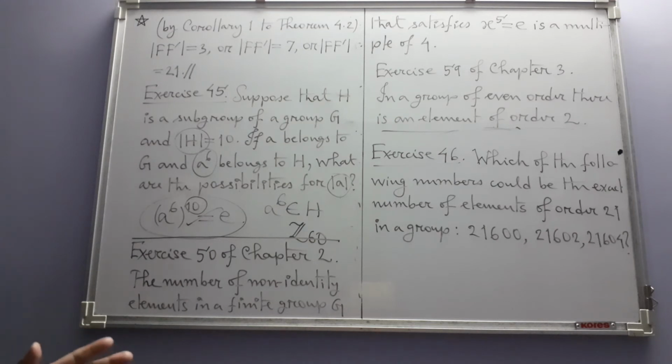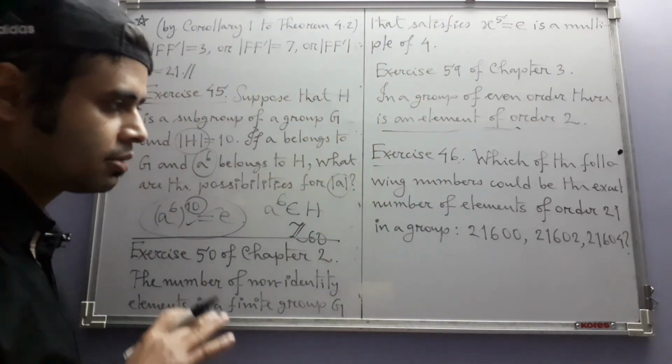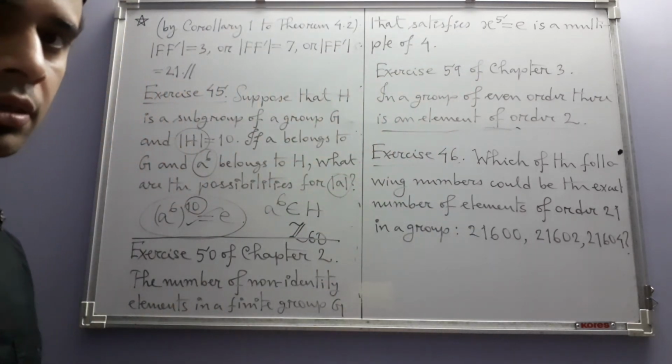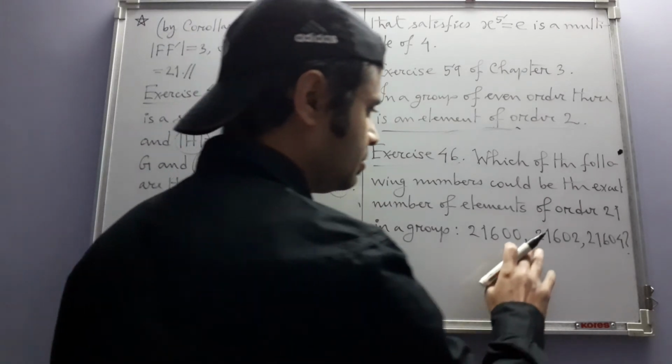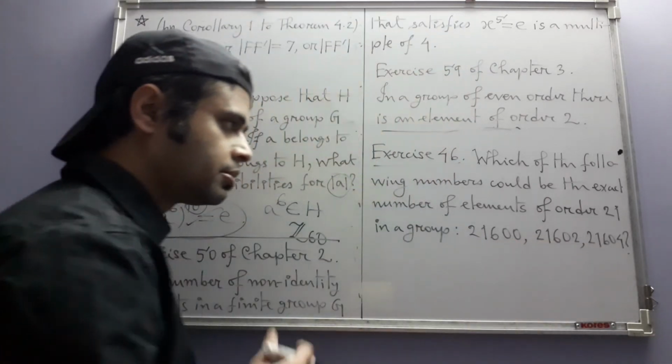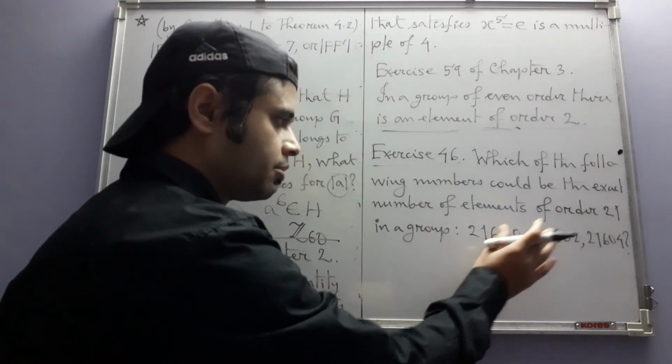Okay, so this exercise asks, we are given three numbers. Which of these can be the number of elements of order 21 in a group? So can there be this many elements of order 21 in a group, or this or this?